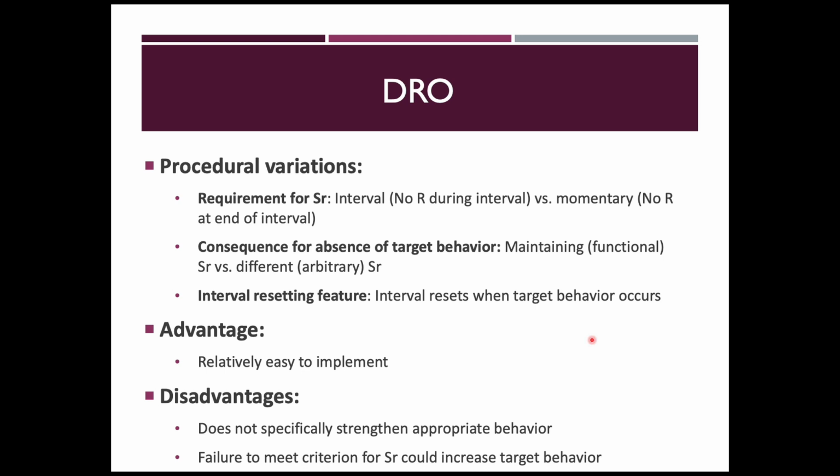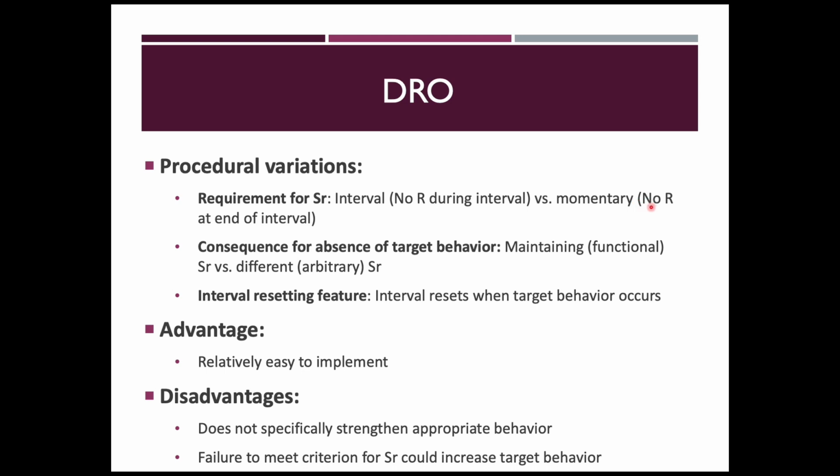So the requirement for reinforcement could be based on no target behavior during the timed interval, or we could use what's called a momentary DRO interval. So those of you who are in 502 will remember momentary time sampling, where now we're just going to observe at the end of the interval.